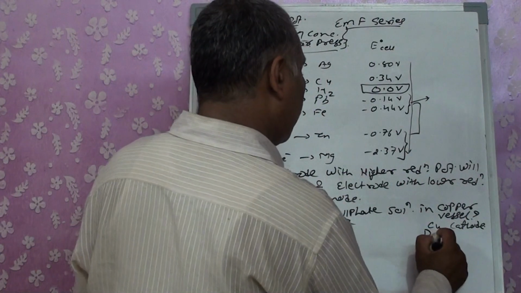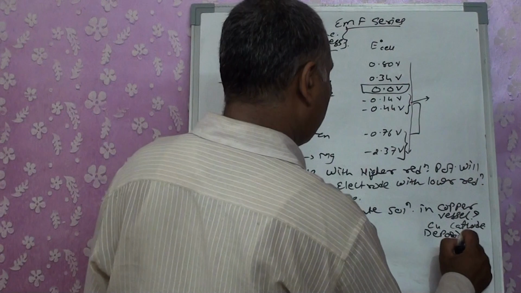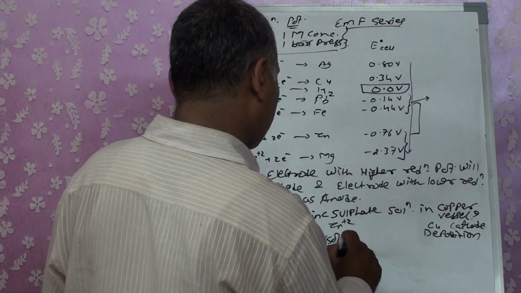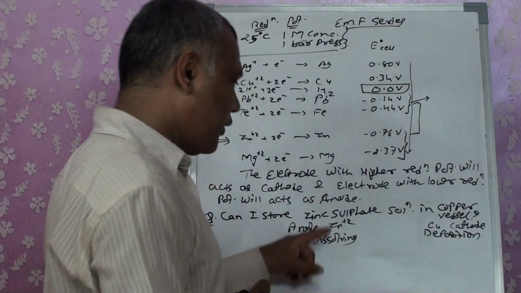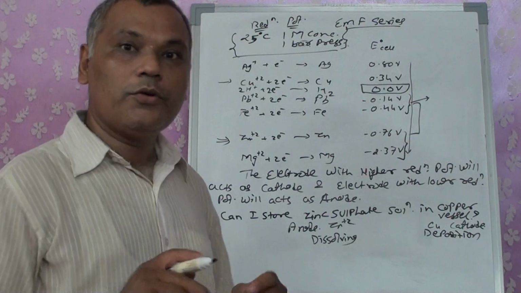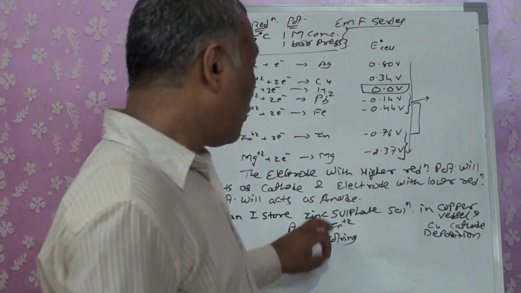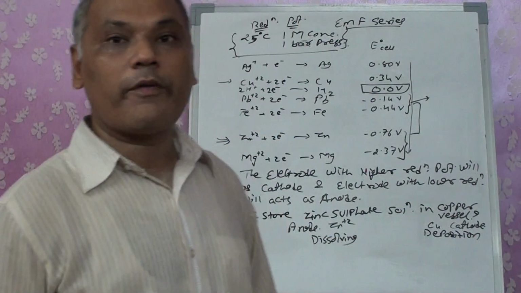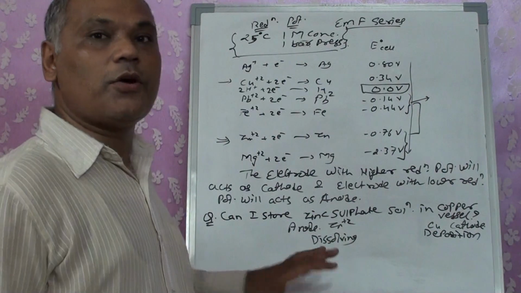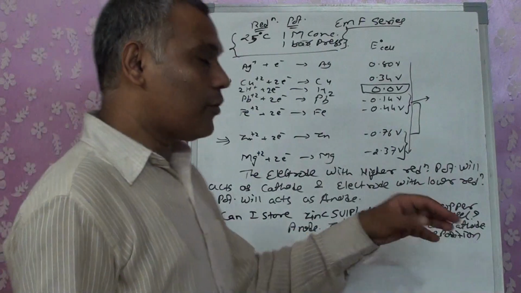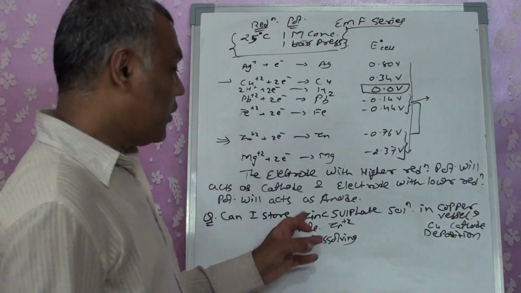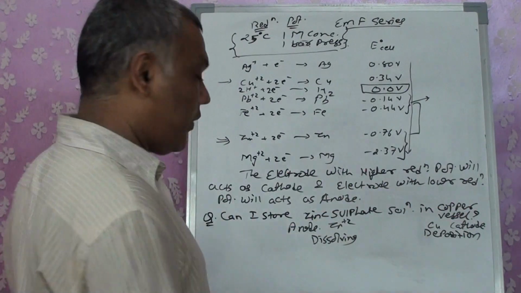So here deposition, here dissolution of the electrode is going to take place, but it's already dissolved. So it is easy to store zinc sulfate in a copper vessel, because the one which is going to get dissolved is already dissolved, and the one which is going to get deposited is in the solid state only. So we can store zinc sulfate solution in a copper vessel.